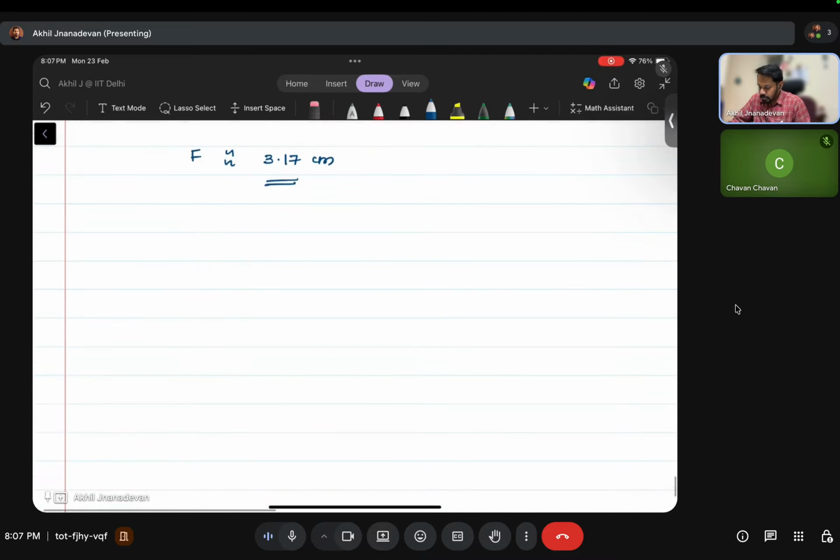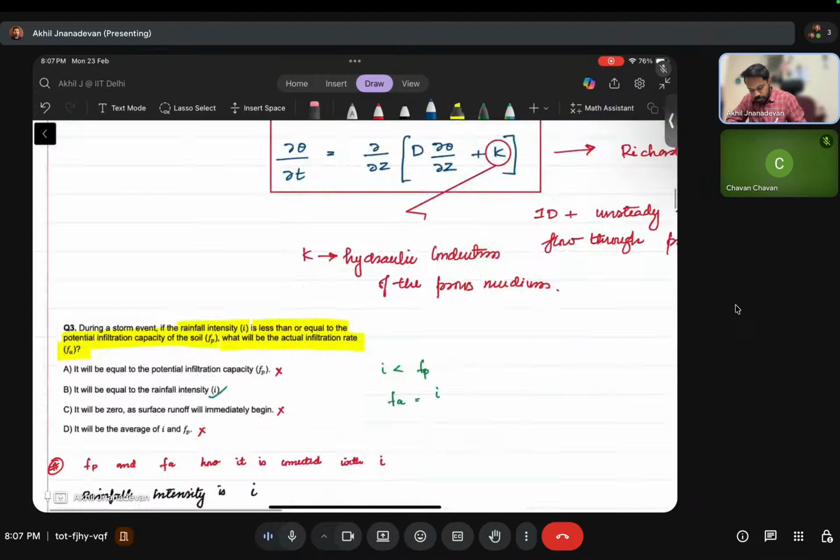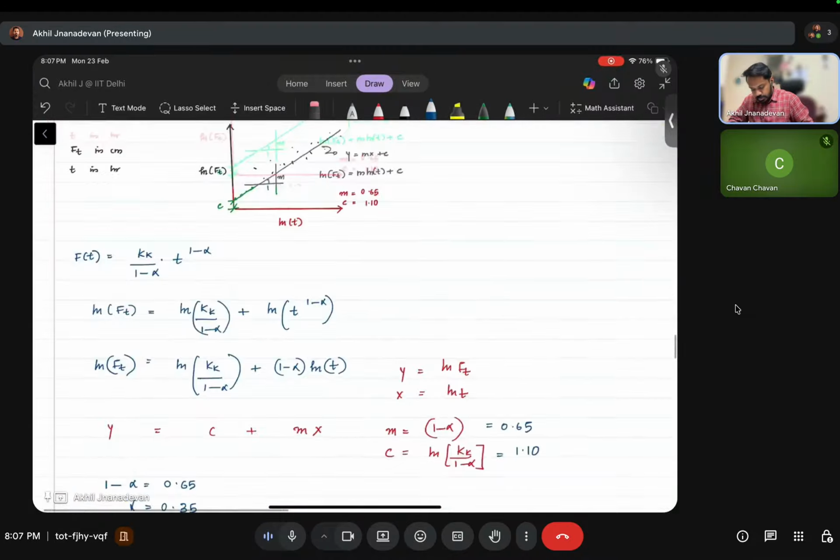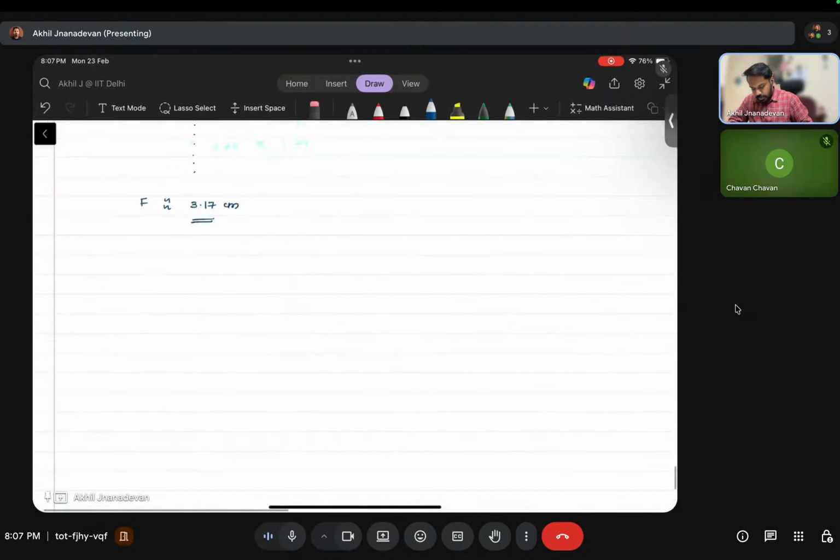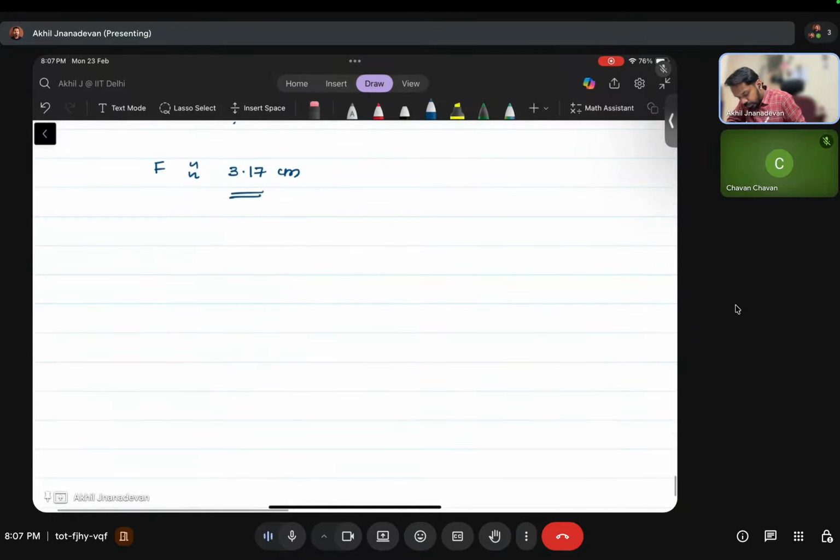So finally, if you want to find the infiltration rate corresponding to this infiltration depth, there is a formula, which I introduced in the lectures. That is, infiltration rate f is given by K into (1 plus psi delta theta divided by F), right? K is nothing but 0.65, that is the hydraulic conductivity in centimeter per hour.